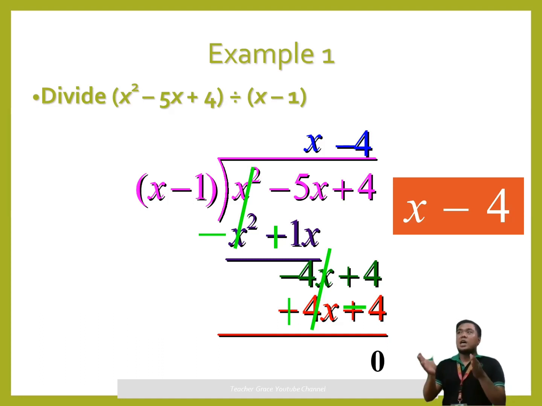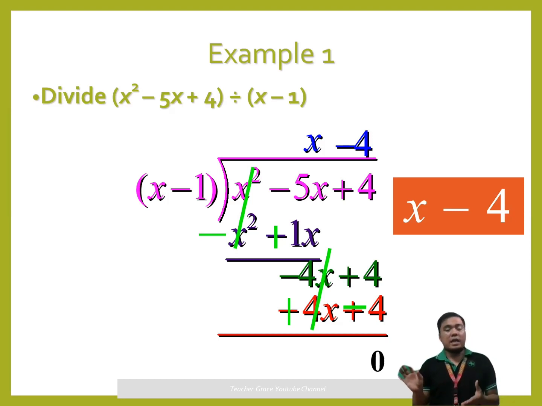Then again, ang rule ng subtraction, you subtract is to change the sign of the terms to its opposite. So since yung negative 4x is negative, magiging positive yun. Tapos yung positive 4, magiging negative 4. Then you perform addition.